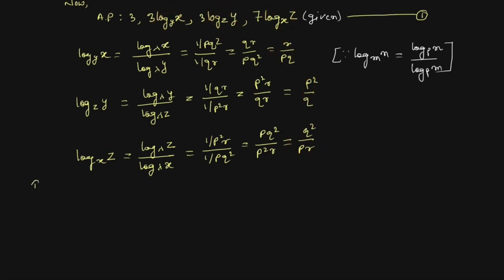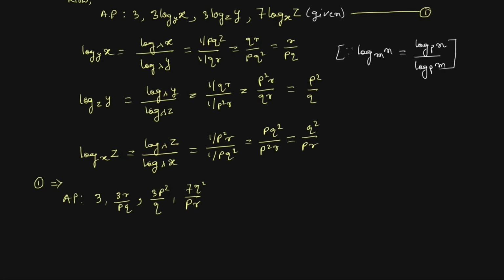Then equation number 1 implies AP 3r divided by PQ, 3p square divided by Q, 7q square divided by PR. And the common difference of this AP is given, which is equal to 1 by 2.